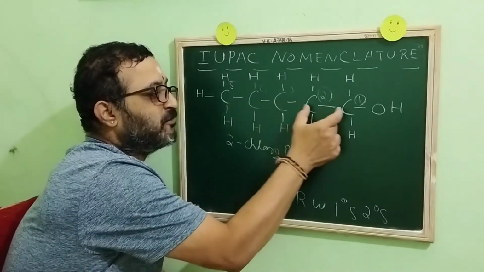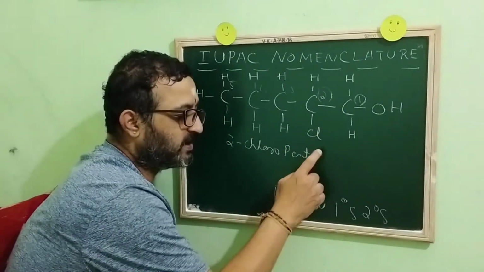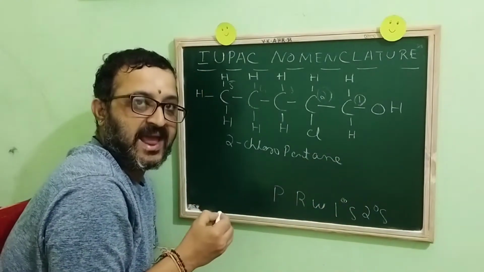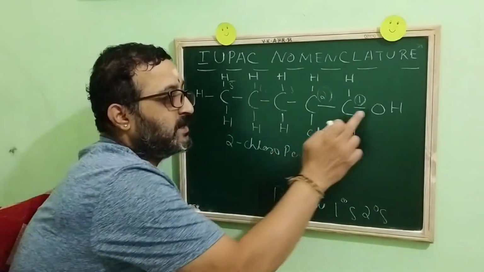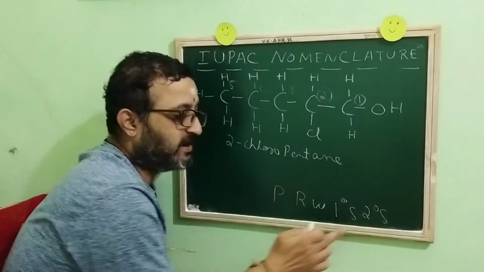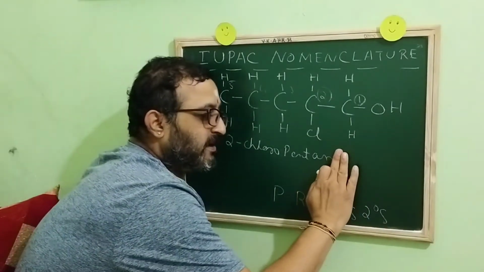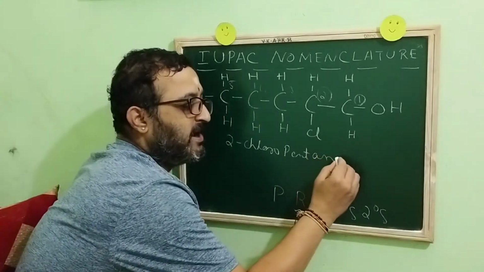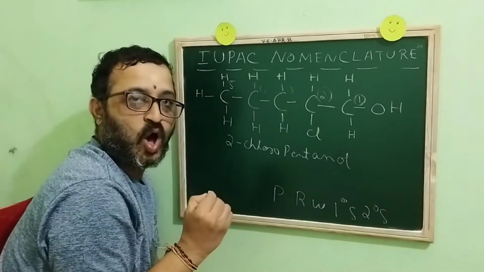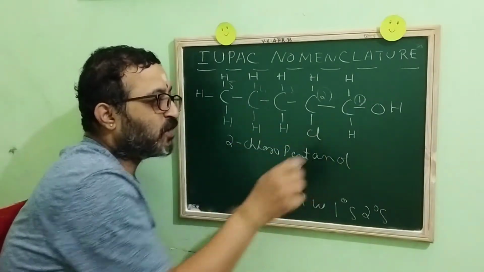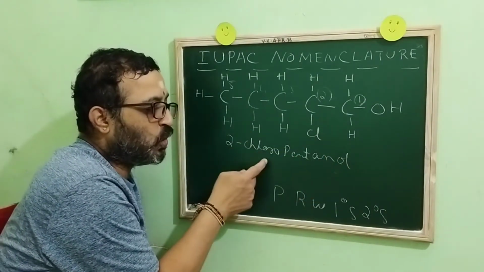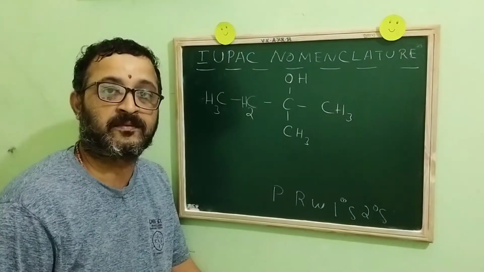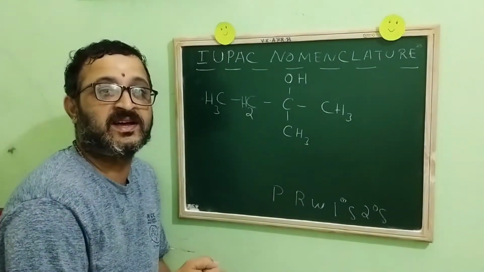Between all the carbon atoms we have a single bond, that is, the primary suffix will be ane. And we have an alcohol, that is the secondary suffix. So I will delete the E of the primary suffix and add ol. So the name of the compound will be 2-chloropentanol. Okay children?